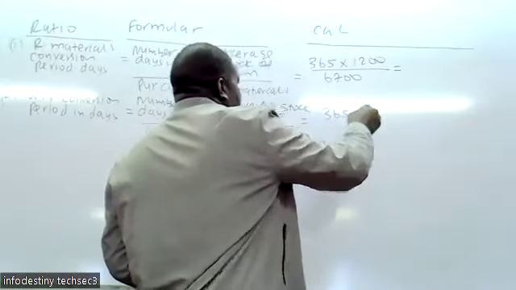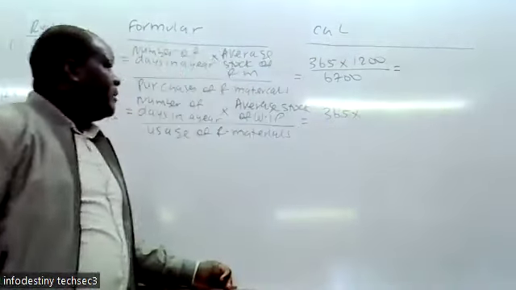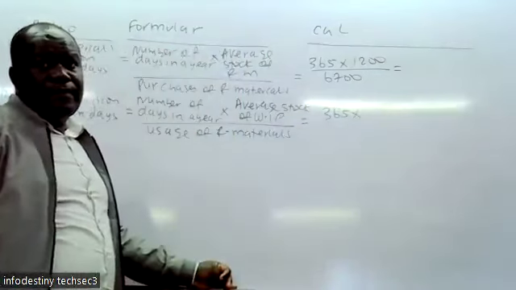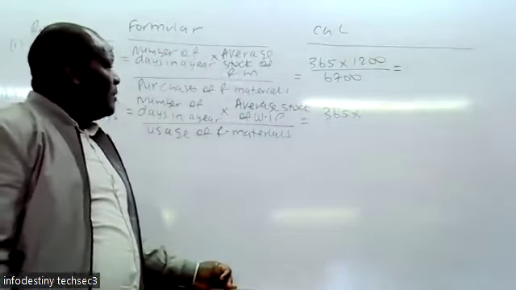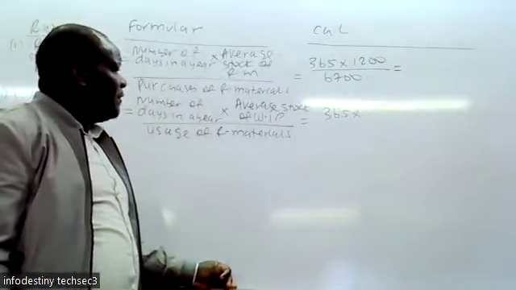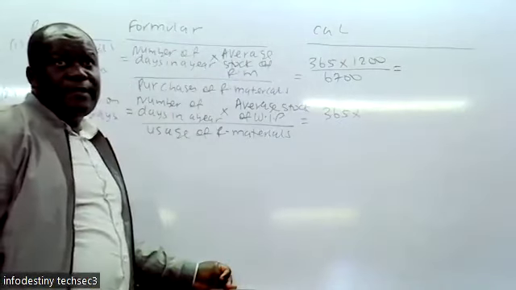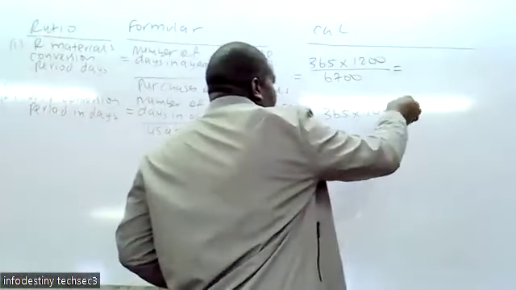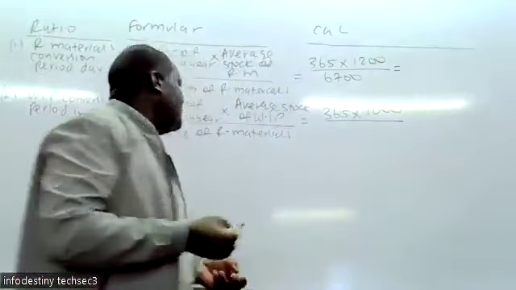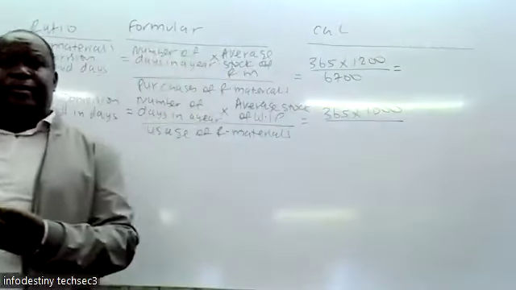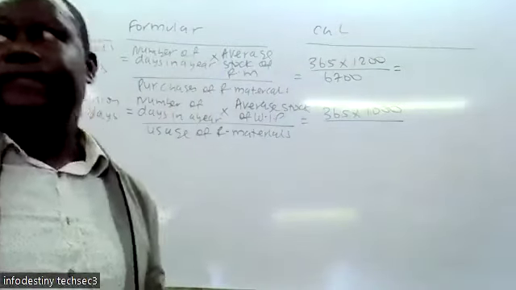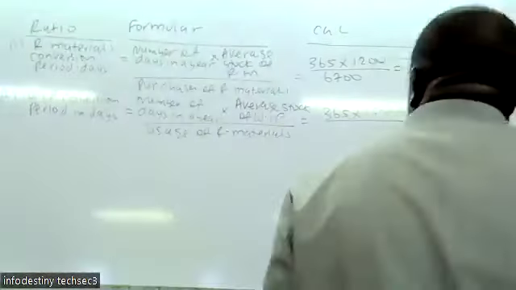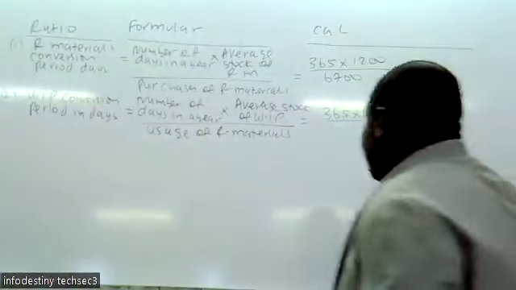So 365 days in a year multiplied by what is the average stock of the work in progress? What did I give you as the usage of the raw materials?